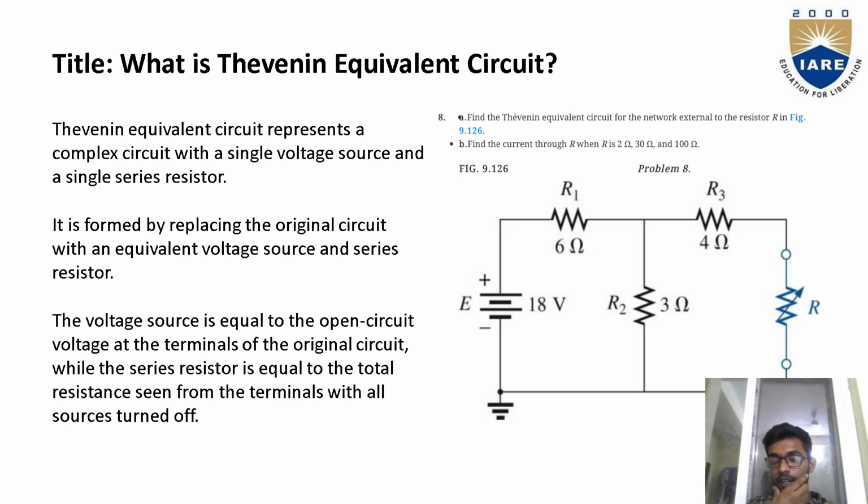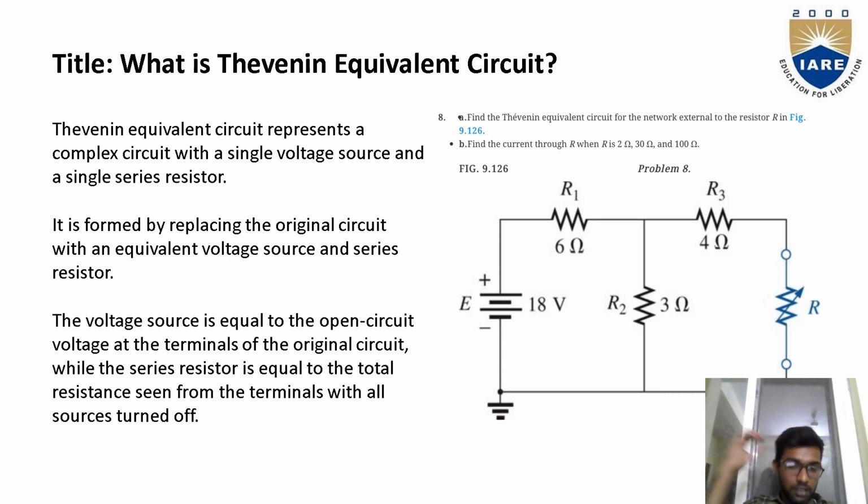Here we are replacing the whole voltage with a single voltage, called the equivalent voltage, and all resistors contained in the circuit are converted into a single series resistor. The voltage source is equal to the open circuit voltage at the terminals of the original circuit, while the series resistor is equal to the total resistance seen from the terminals with all sources turned off.